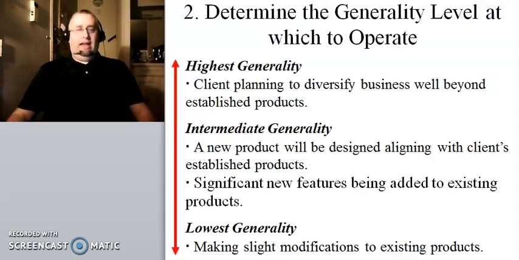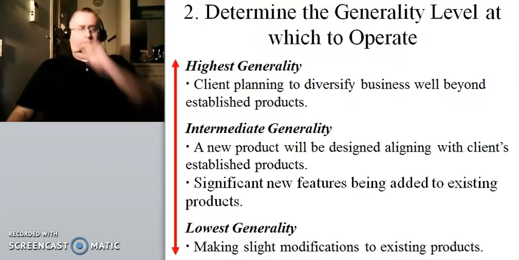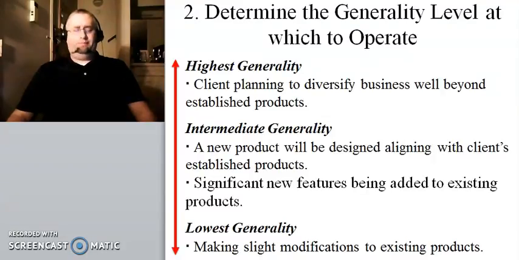So it does allow some flexibility for the design engineer to kind of stray away from the core set of expertise, excuse me, the core set of products that the company already has, but it does constrain the design process somewhat in that you're not off looking at completely different solutions that have nothing to do with the client's existing expertise. So that's usually where you want to operate.